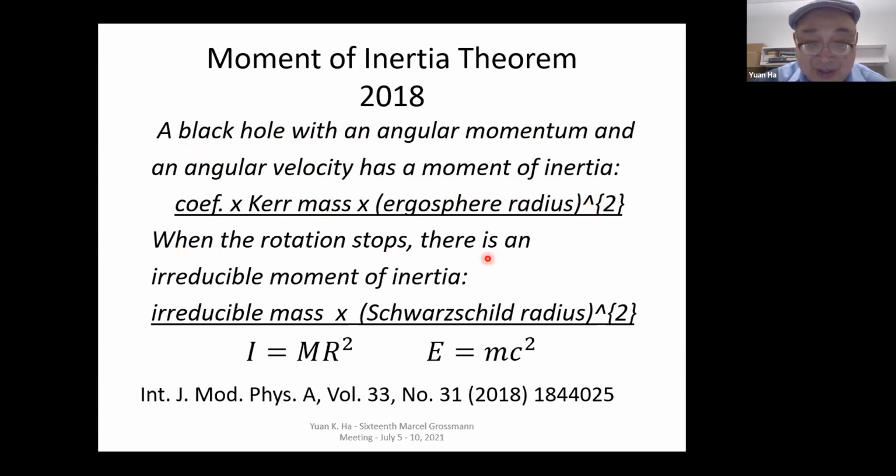When the rotation stops, there's an irreducible moment of inertia, which is given by the irreducible mass times the Schwarzschild radius squared. Now, the expression I = mr² is the rotational equivalent of the formula E = mc².